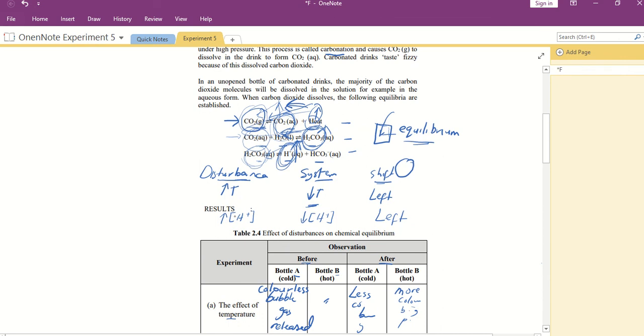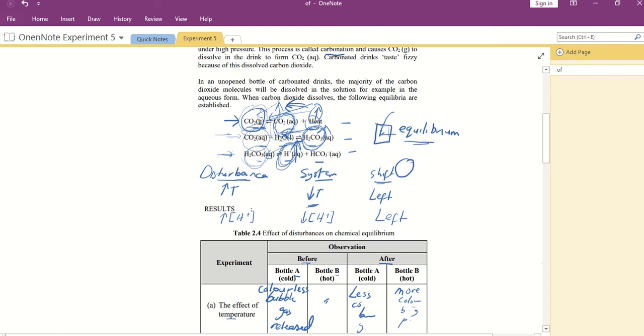Because adding vinegar or lime juice increase the concentration of H plus, the system will react to minimize the effect. It will want to decrease the concentration of H plus by shifting the equation, the first, the third, the second, and also the first one to the left.